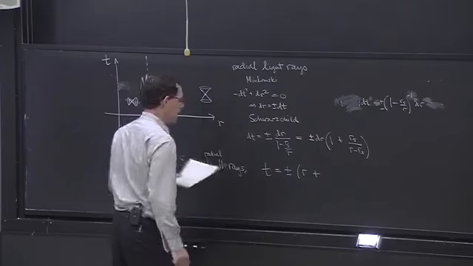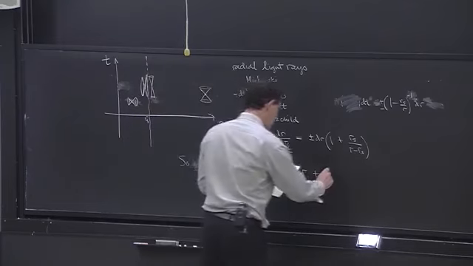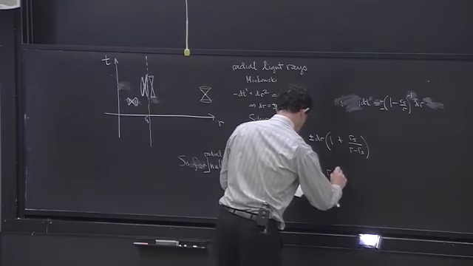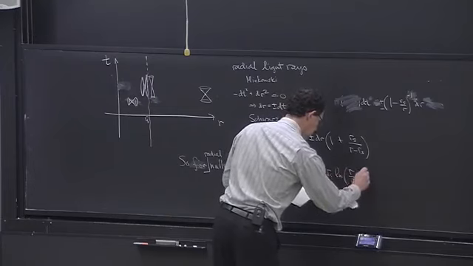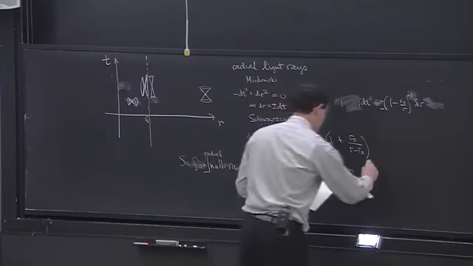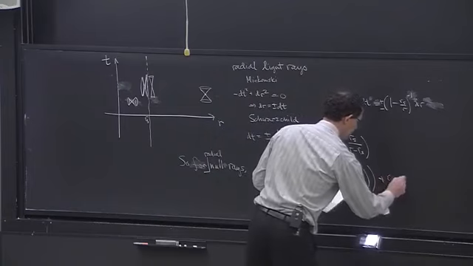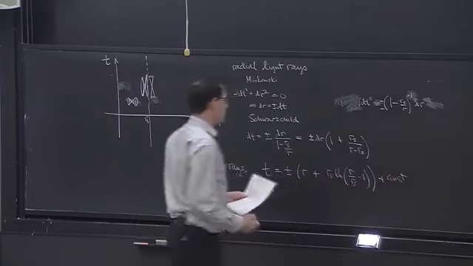Okay, we've assumed no angular momentum. t equals r plus rs log(r over rs minus 1) plus constant. Okay, so that's the solution.